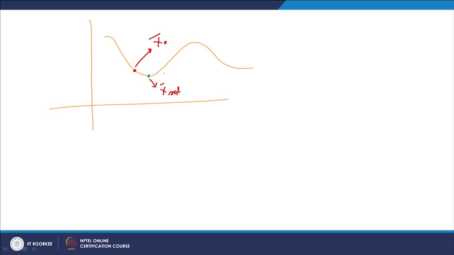So what we do is try to progress toward this solution in small steps. I take a slope here, take a small step, and by this slope I reach here, then again I take a slope and again I reach here, then again I take a slope and reach here.